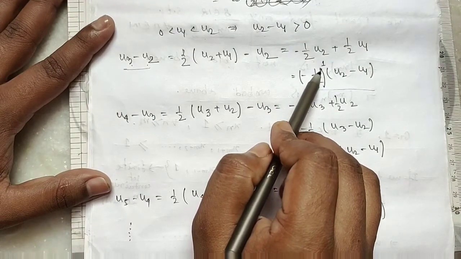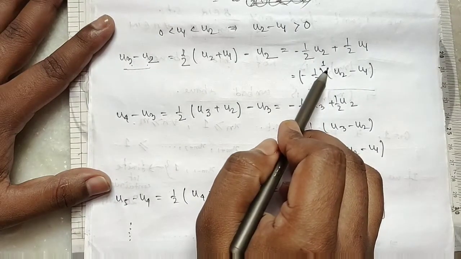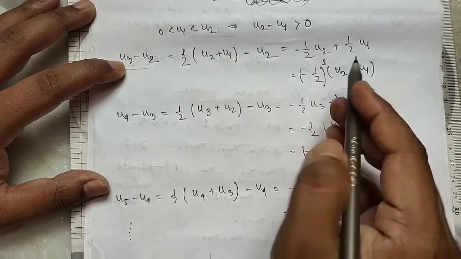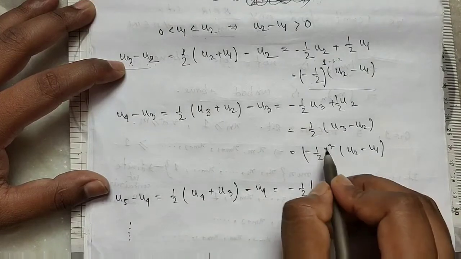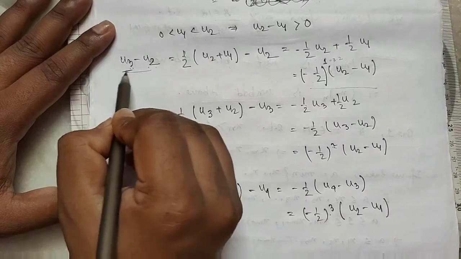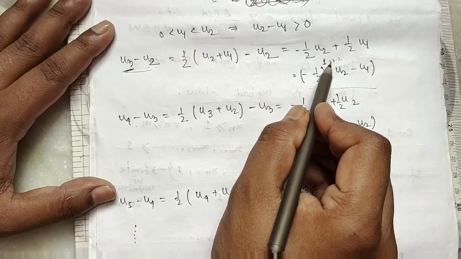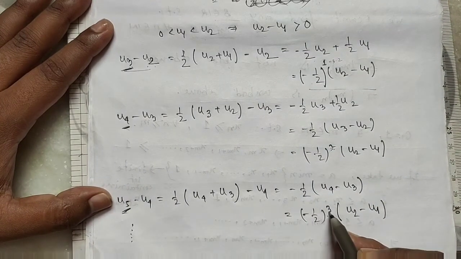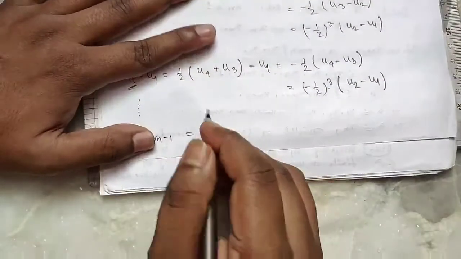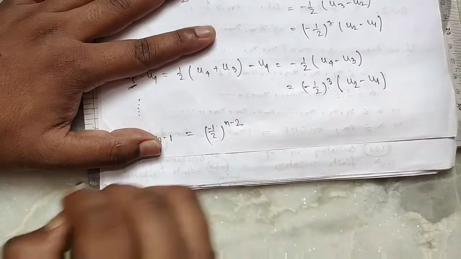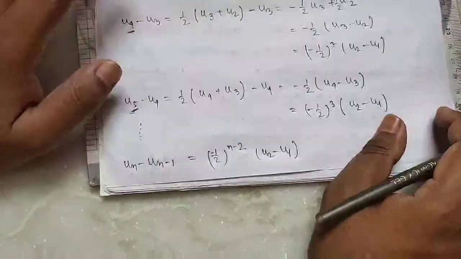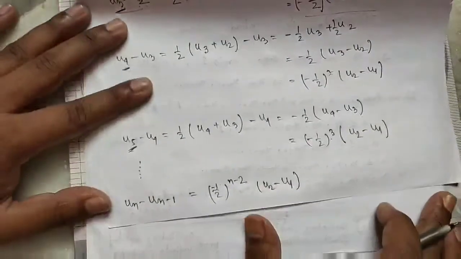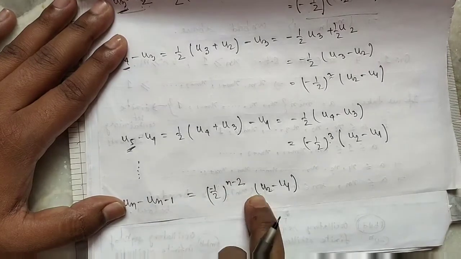So u3 minus u2 is 3 minus 2, u4 minus u3 is 4 minus 3, u5 minus u4 is 5 minus 4. So by the similarity, un minus un minus 1 is minus half to the power n minus 2 into (u2 minus u1). Clear?